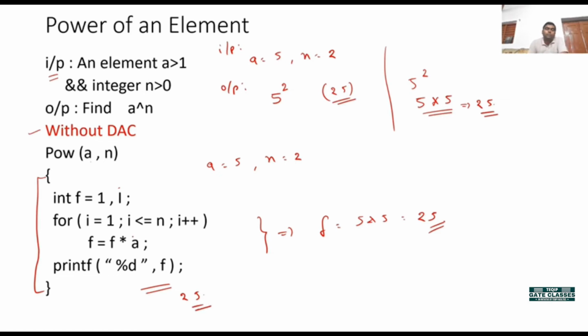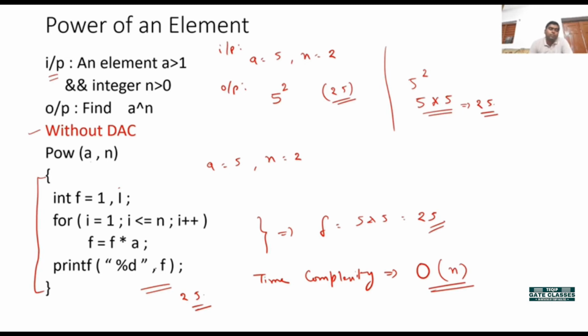Now observe very carefully, let us suppose the size of n is very large. Take an arbitrary number n. So n size is very large, so this statement is running n times from 1 to n. So ultimately, what will be the time complexity, the overall time required to solve this problem? The time complexity for this is order of n.